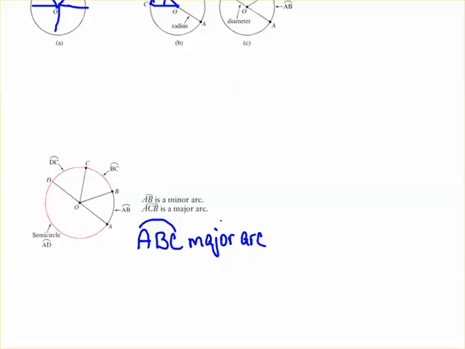It's kind of awkward to label the points out of order. Can you see that if we had 90 degrees, that would make this 90 degrees. Well, A, B, C is more than that. So anytime our arc length is more than 90 degrees, we call it a major arc. Below 90 degrees, we call it a minor arc.